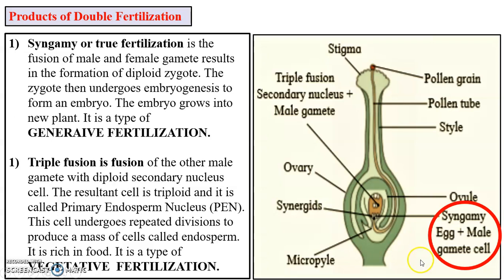Triple fusion is the fusion of the other male gamete with the diploid secondary nucleus. The resultant cell is triploid and it is called the primary endosperm nucleus. This cell undergoes repeated divisions to produce a mass of cells called endosperm. It is rich in food. It is a type of fusion called vegetative fertilization.